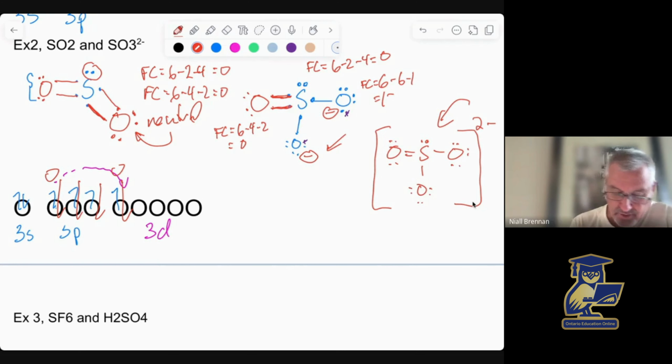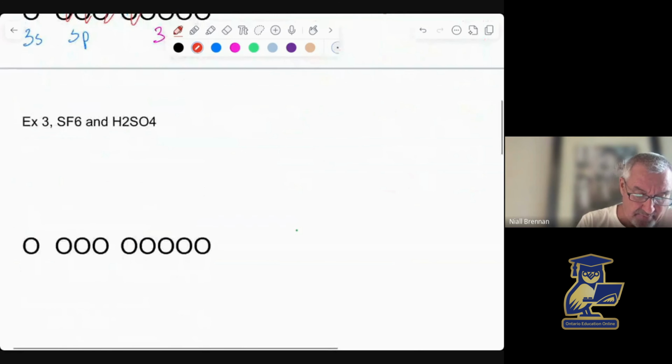So then we form that SO3 2 negative. And we basically followed 2 rules, right? Period 2 has to have an octet, like oxygen and nitrogen and carbon. But period 3 and beyond don't have to have octets. But the formal charge has got to work out, of course, in order for it to be a correct diagram.